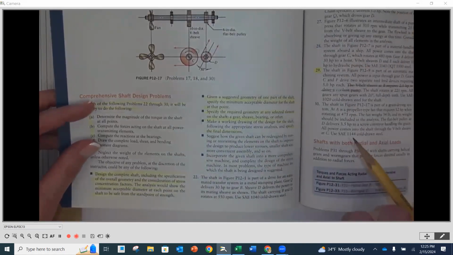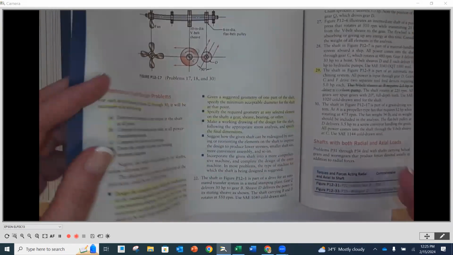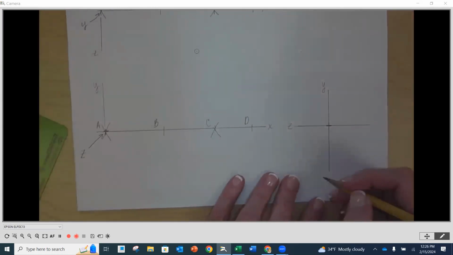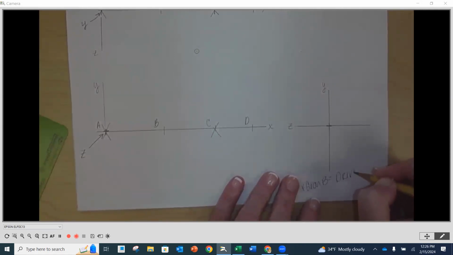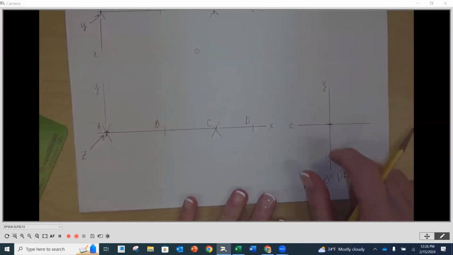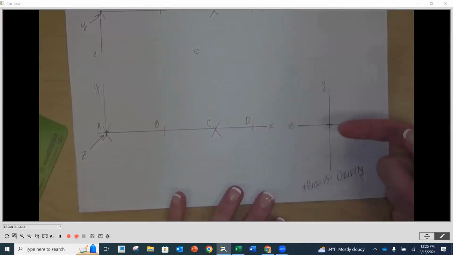Q is driving B. So B is driven. Okay. Good information. All right. So down here, I'm just going to make a note. Gear B is driven.